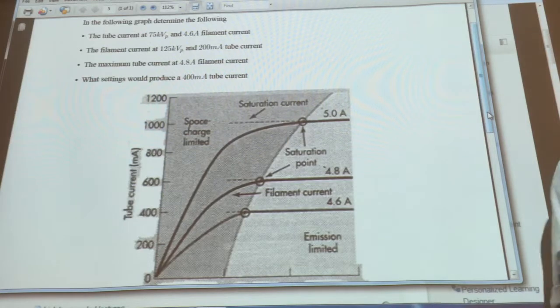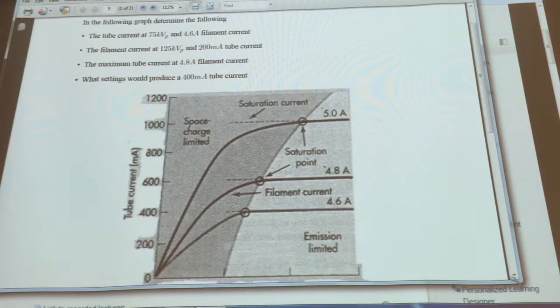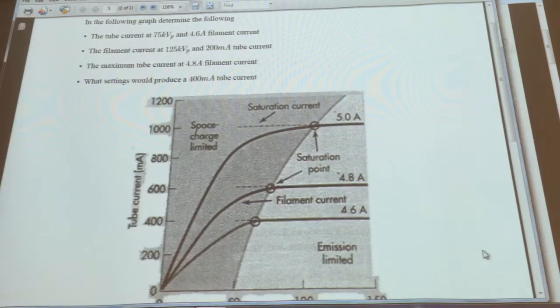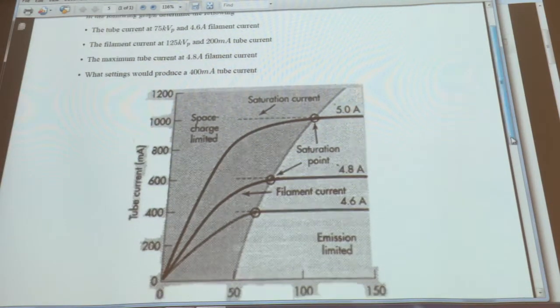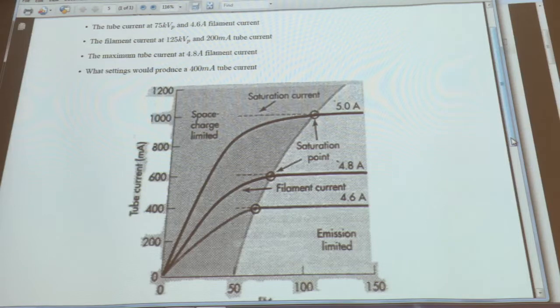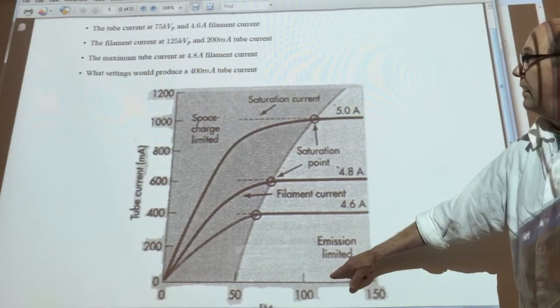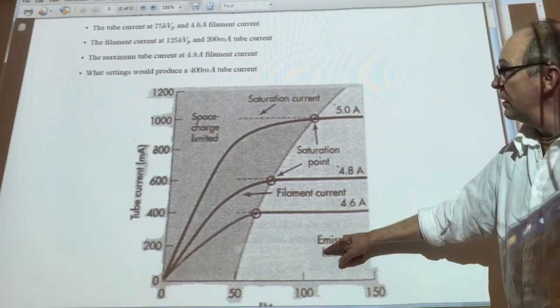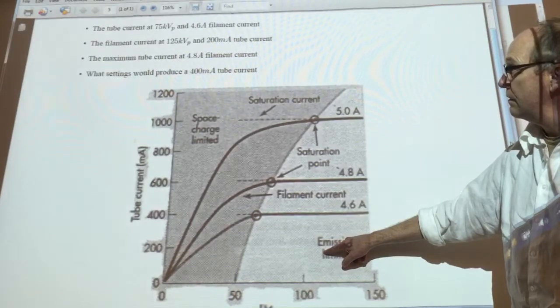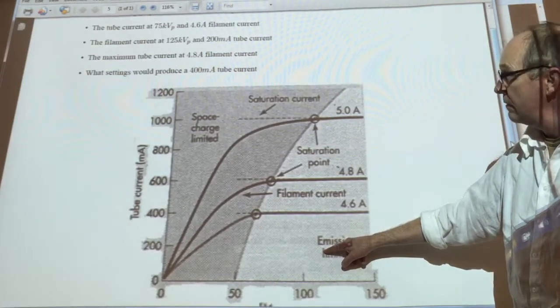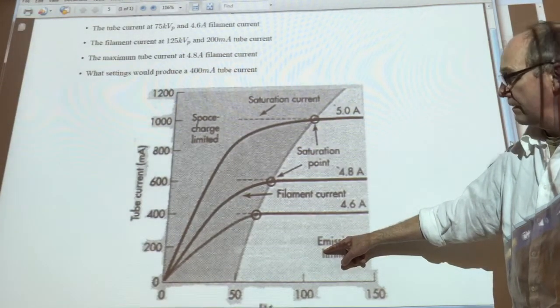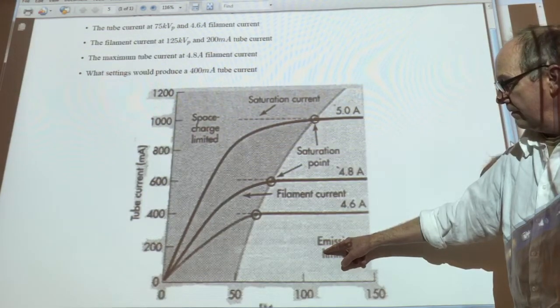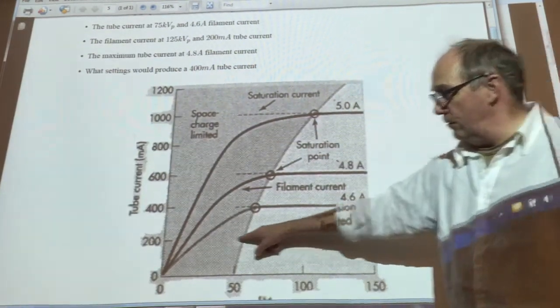Can't get it all on one screen. There we go. 125 kVp, that's halfway to the end here, and we're looking at a 200 milliamp tube current. 125 kVp, read over to 200.